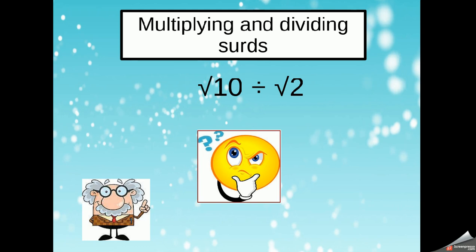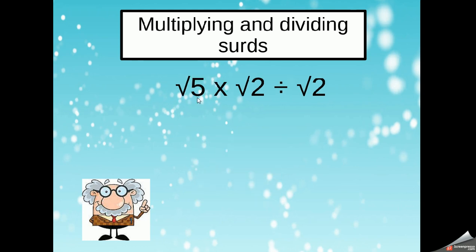So what happens if we've got the root of 10 divided by the root of 2? Well, first of all, I'm going to split this up into the root of 5 times the root of 2. And why am I choosing these two numbers? Because I'm dividing by the root of 2, I want one of these numbers to be the root of 2 because it'll allow me to simplify. So that's why I picked the 5 and the 2.